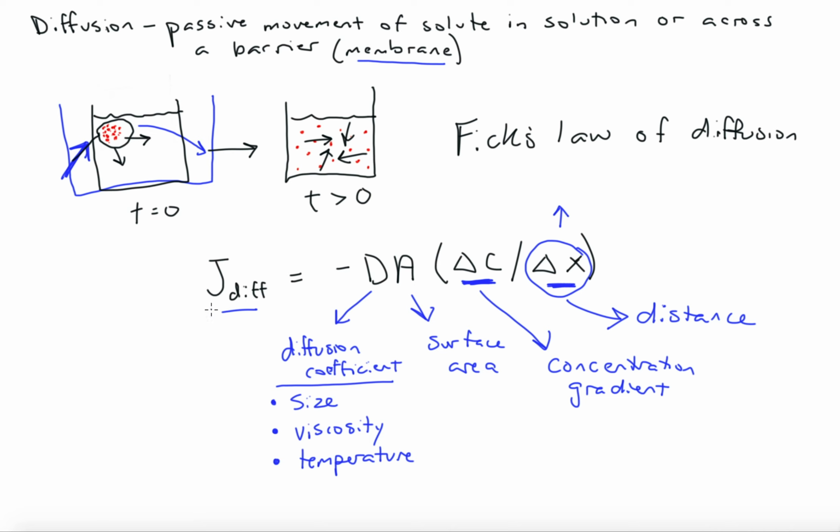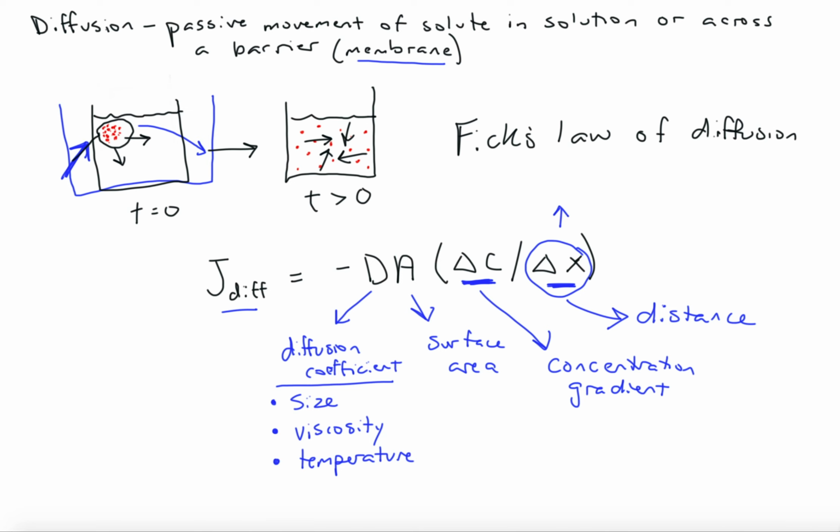That's called inversely proportional, when they go in opposite directions, not in the same direction. Directly proportional, same direction. Inversely proportional, opposite directions. Okay, that is the basics of Fick's first law of diffusion, describing movement of a solute in solution.